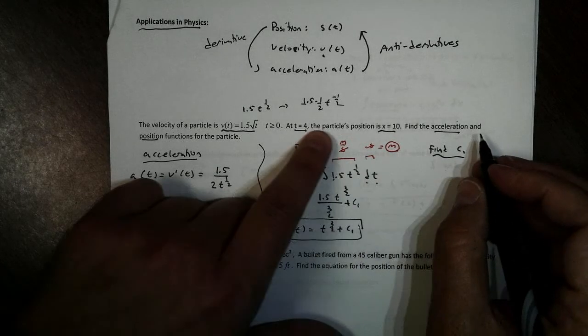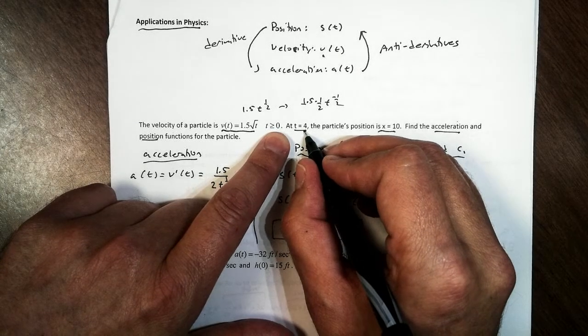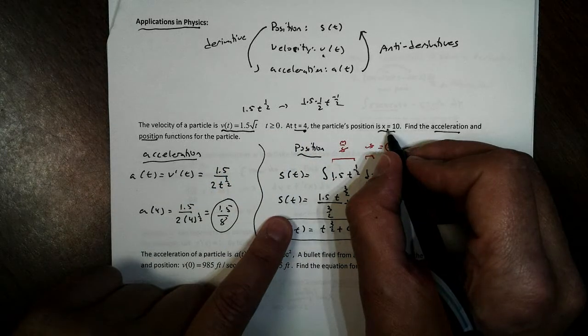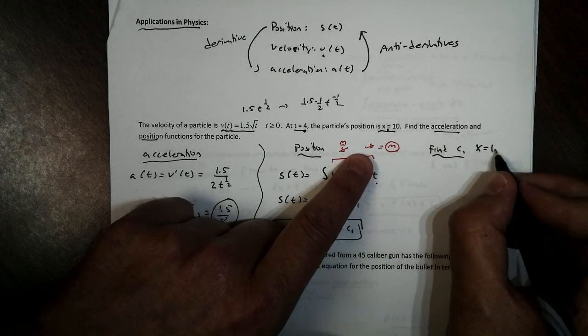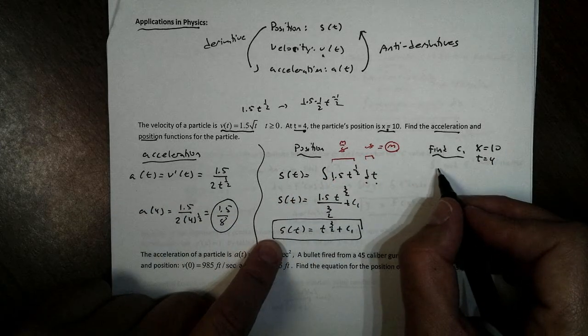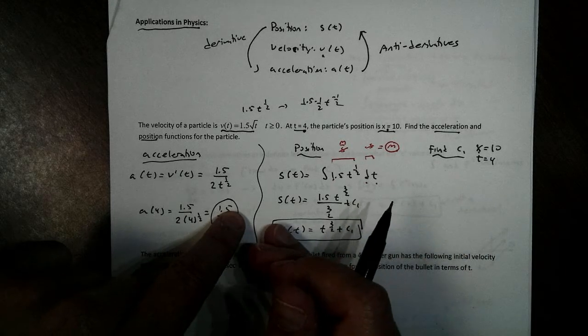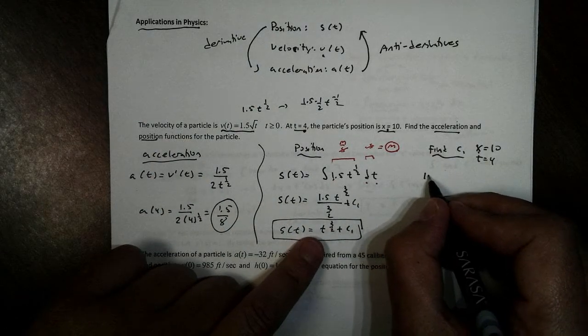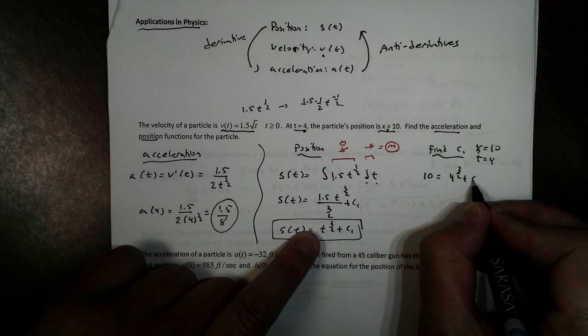And to do this, they gave me the condition. At t equals 4, the particle's position is 10. So they give me the condition x is 10 when t is 4. I can use that to solve it. So now notice they use x. What letter did I use? S. It's fine. 10 equals 4 to the 3/2 plus c1.